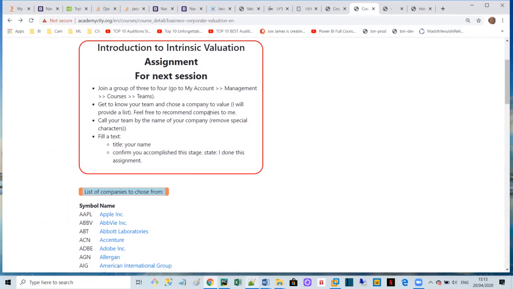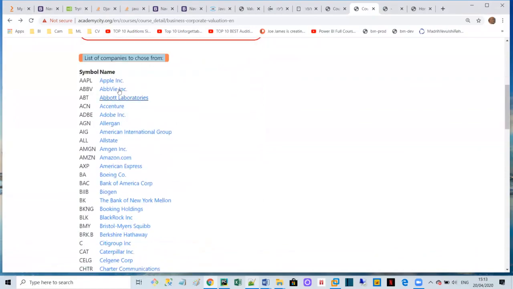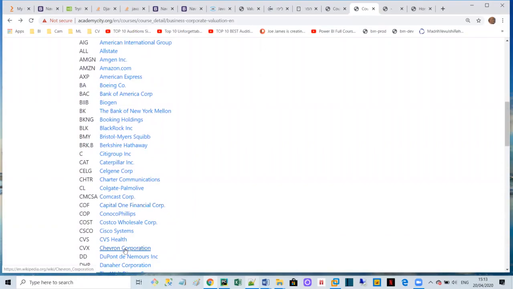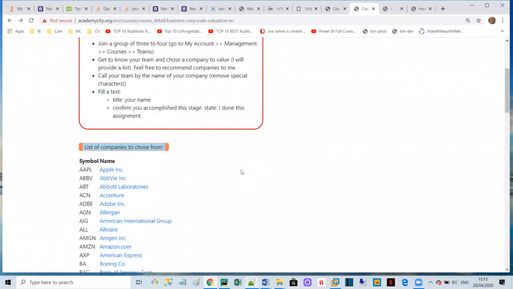So you'll have a team, and after you have a team, you have to pick up a company. You can pick up any company from here. Most of them, you will have the data in my simulation. If you don't have the data in my simulation, I strongly recommend don't use that company.